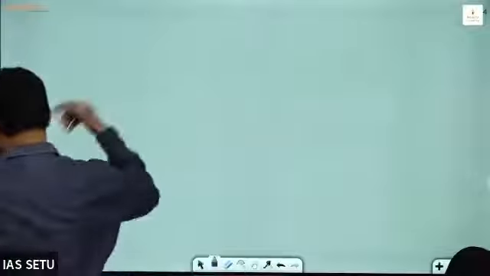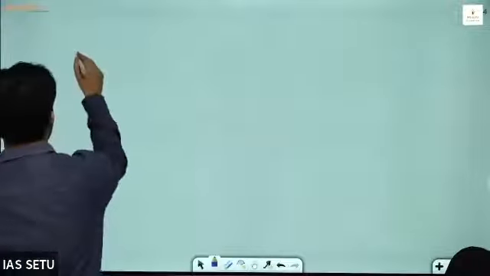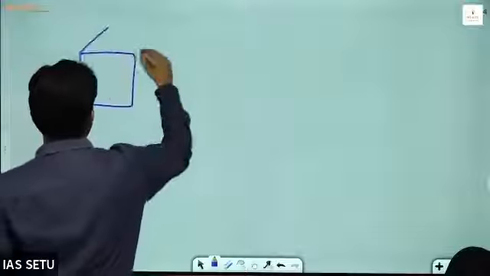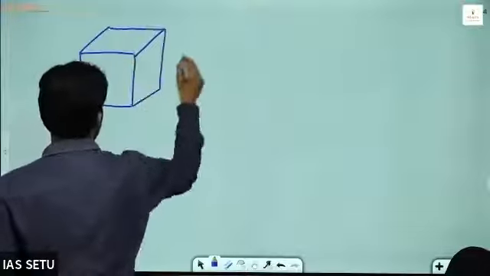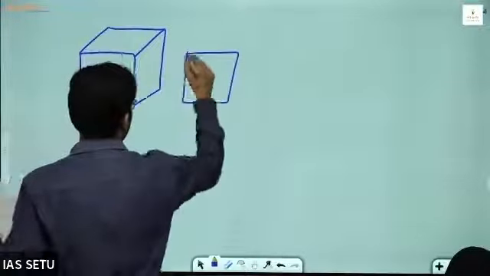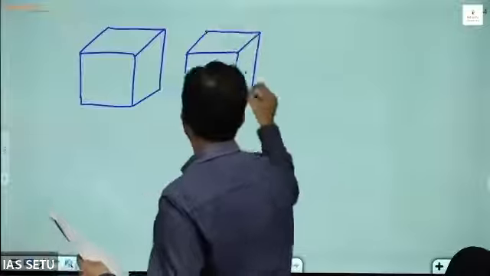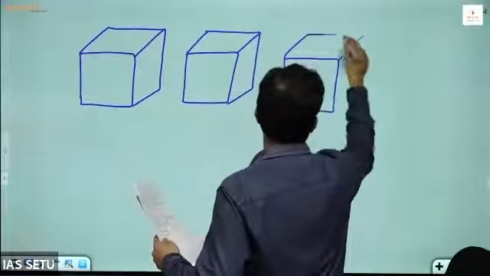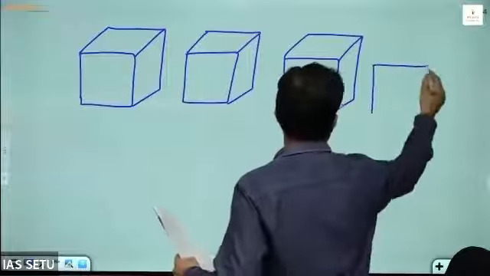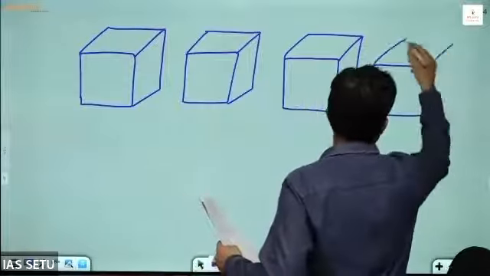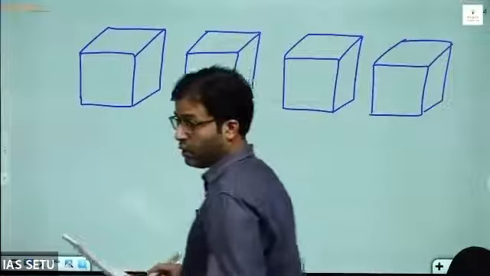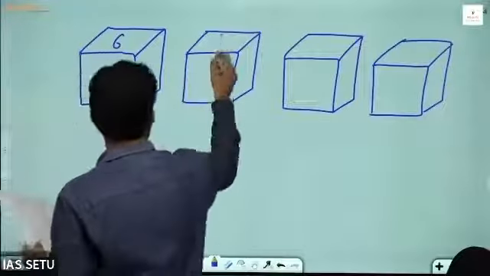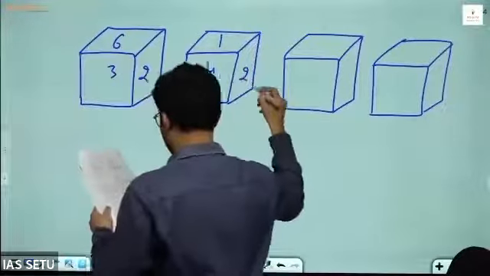See, here we have four views of the same dice. So this is 3, 2, 1, 1, 4, 2.